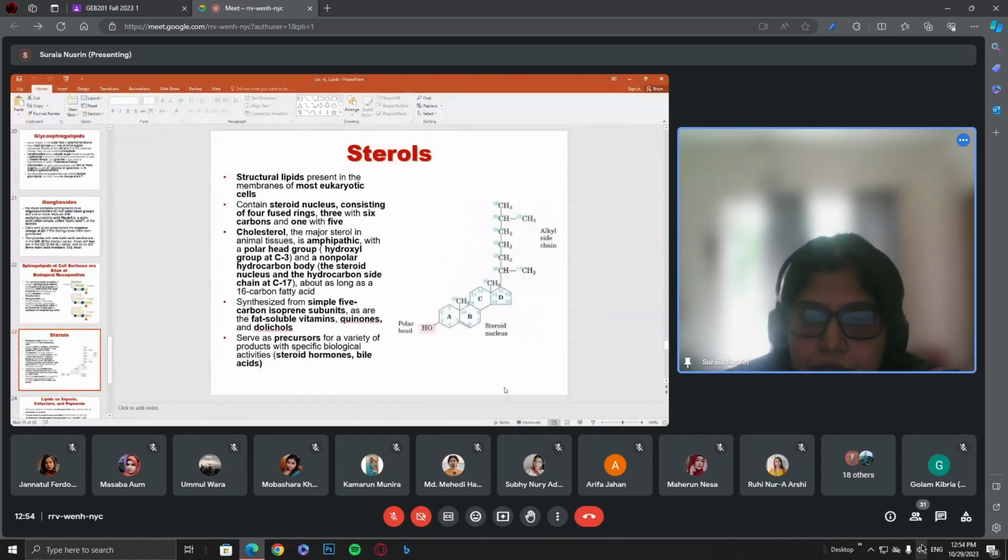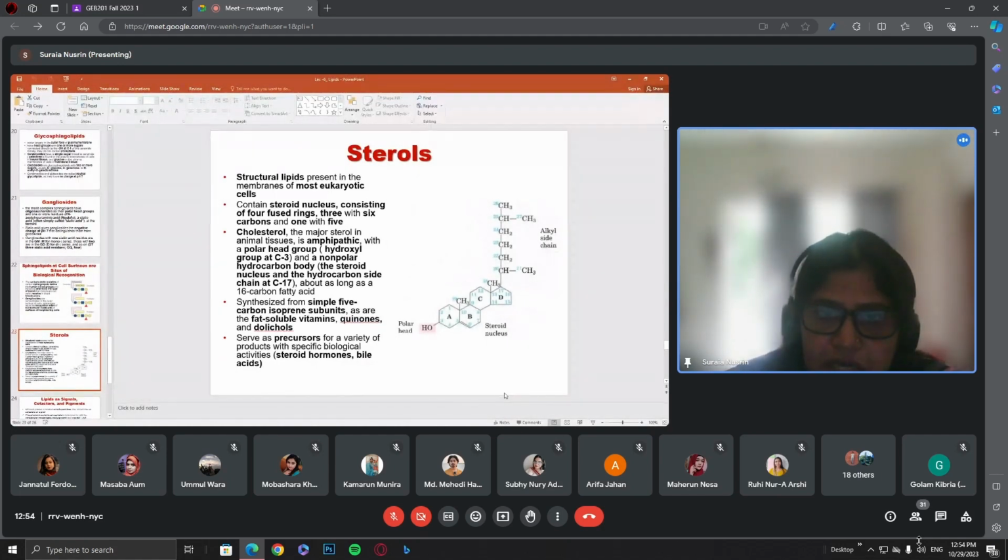And the most common example of sterol is cholesterol. Sterol also has the same feature as membrane lipids, which is that they are amphipathic. That means they have a hydrophobic part as well as a hydrophilic part.